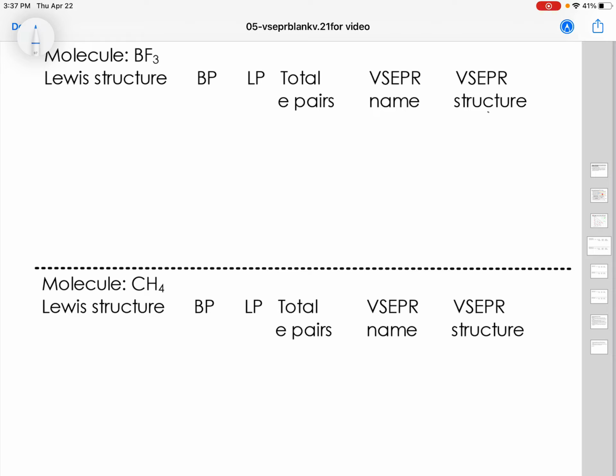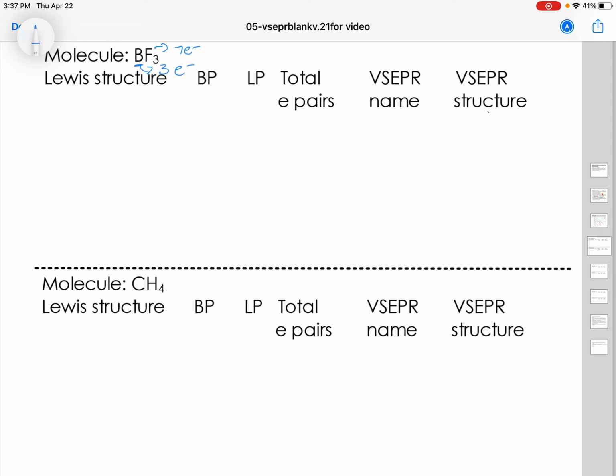Okay, so BF3. And first of all, you might be thinking to yourself, B, that is a metalloid. Yes, and metalloids can have properties of both metals and nonmetals, right? So BF3, we're going to use boron with 3 valence electrons, and of course fluorine has 7.